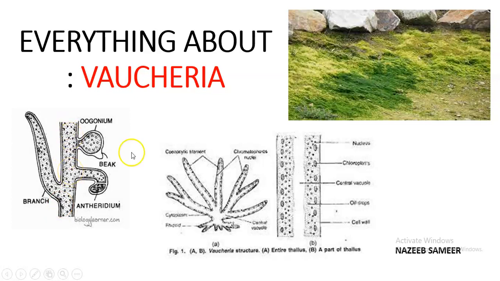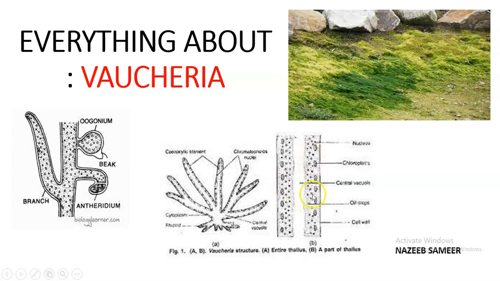That is cenocytic. Then we have the same figure here, but it shows the vacuole also. You can see in between the protoplasm a single hollow space that is known as the vacuole. In the thallus, you can see a vacuole which runs the entire length of the thallus, and in between this vacuole and the cell wall, you can see the protoplasm.